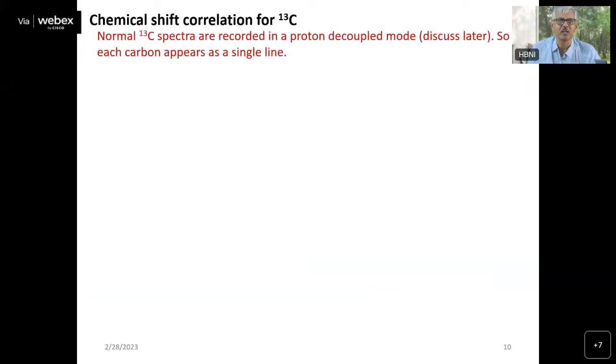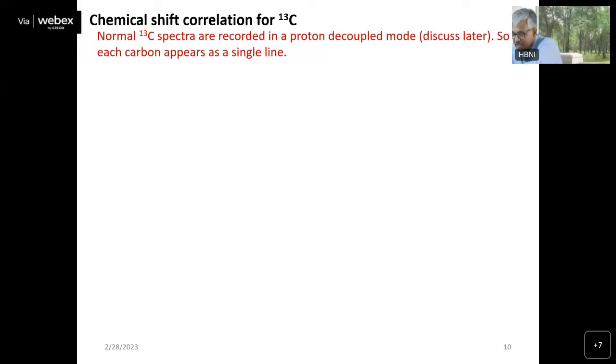Now let us see how to correlate the chemical shift of carbon-13. First of all, we should know how the carbon-13 spectra are recorded. Mostly the carbon-13 spectra are recorded in a proton decoupled mode.